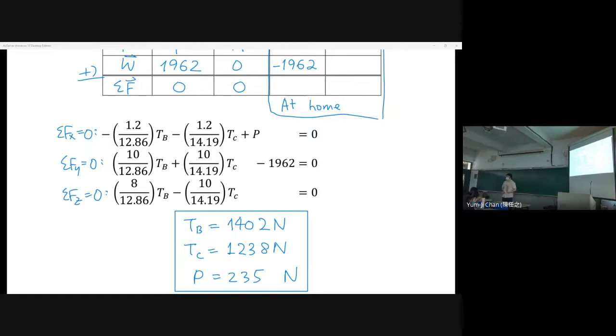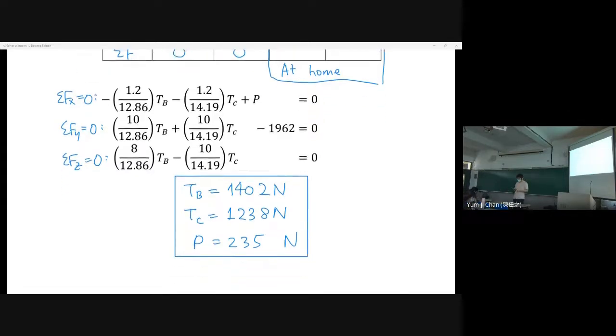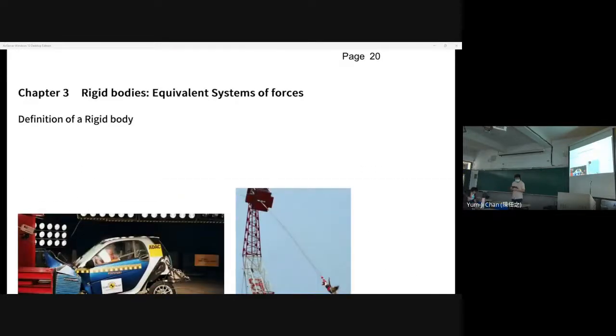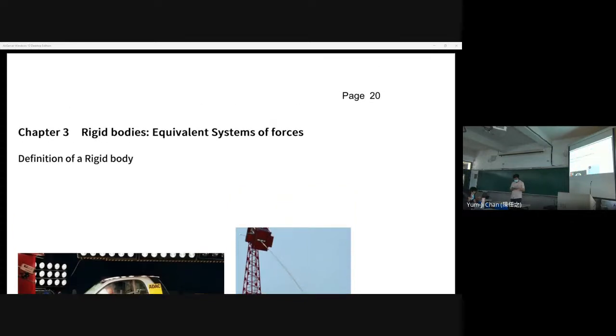Before we end, I want to talk a bit about chapter 3. Of course, I will go on to chapter 3 on Tuesday. Chapter 3 is rigid bodies. There is a difference between chapters 2 and 3.